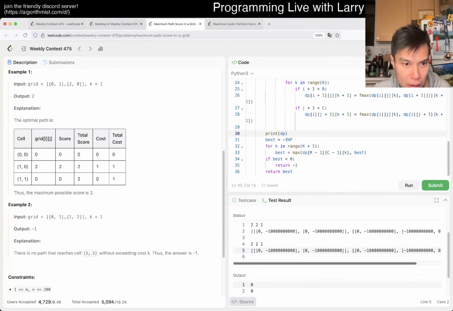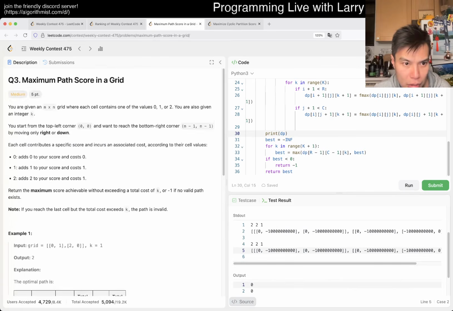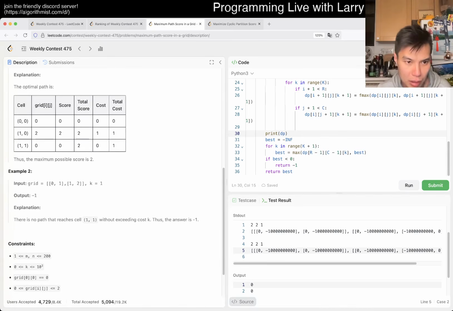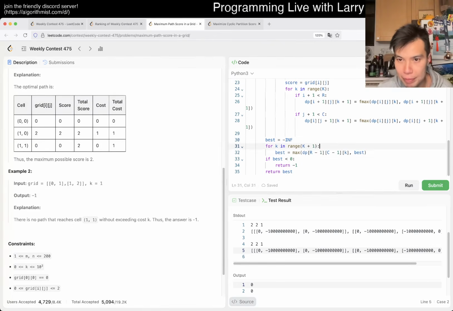But 2 only costs 1, right? I'm still looking at this one. Okay. Oh yeah, okay. So this is the one where we have to consider the last cell. Okay, fine. Right. Okay, so then it's gonna be okay. So yeah, okay.